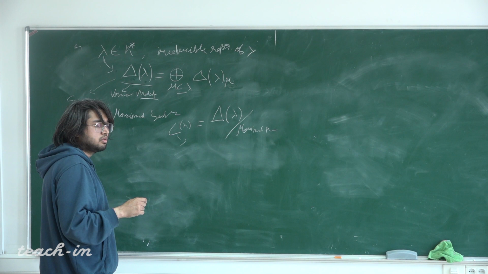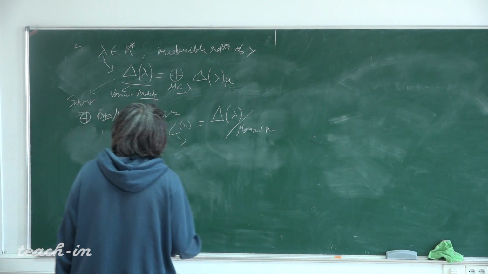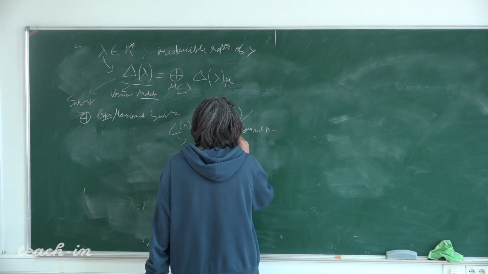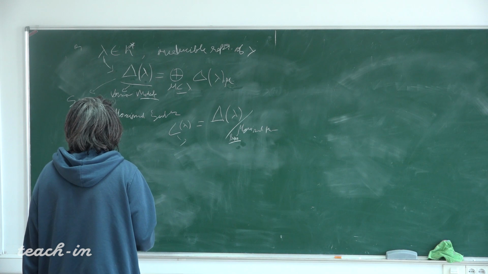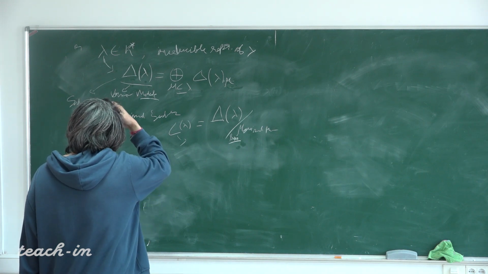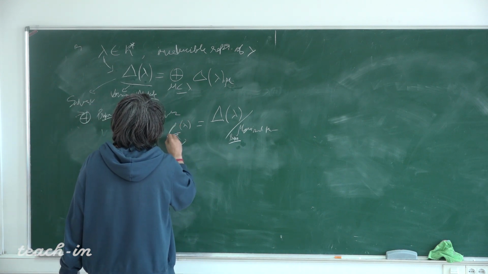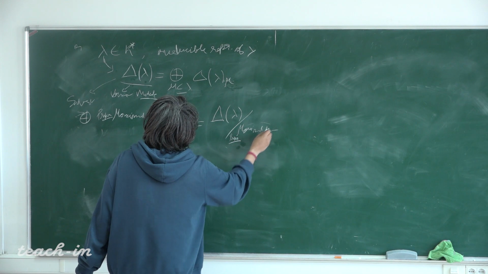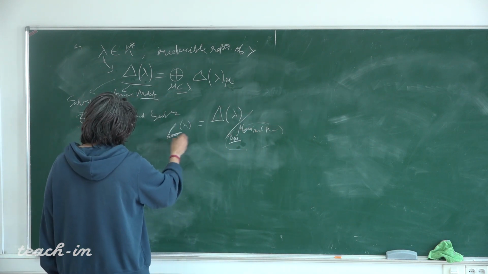So if it contains it, it's not proper. On the other hand, if it doesn't contain it, it's proper. So it works both ways. Okay, so if we can find this, then we solve the problem.